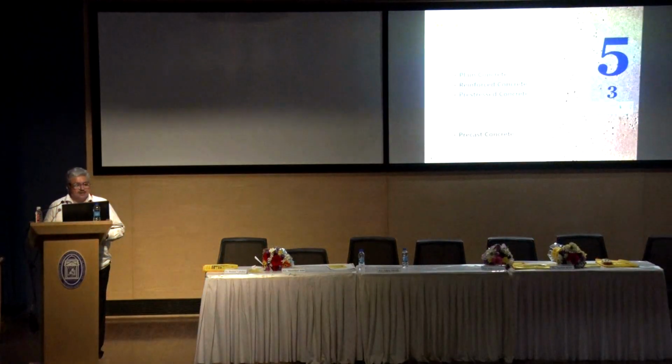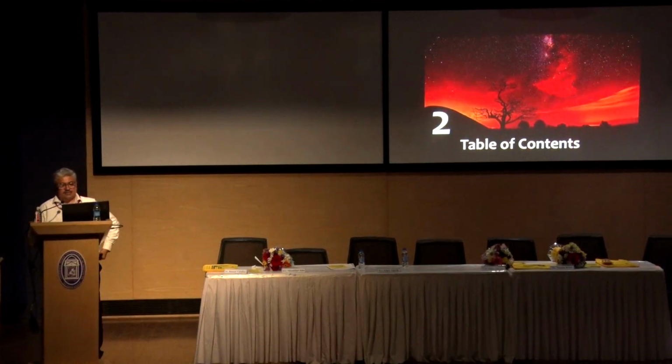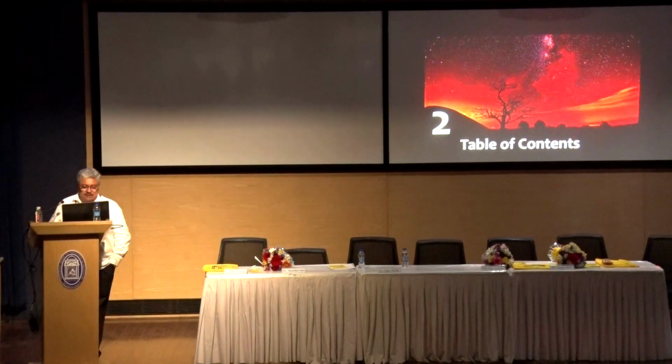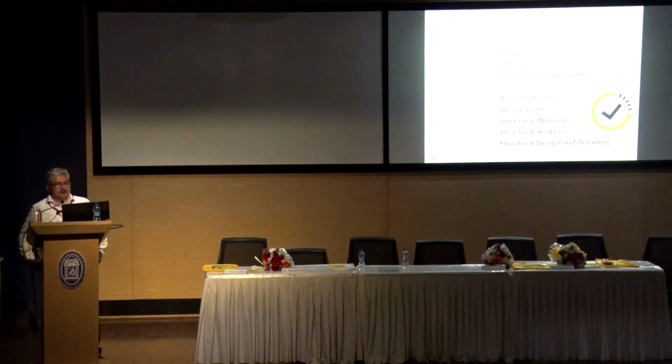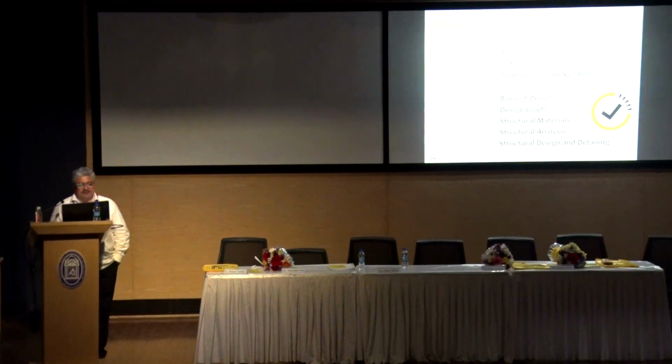Scope of revision, as I said, it's going to be a unified code for plain, reinforced and pre-stressed concrete construction, right? And precast is obviously not going to be part of that. So what are going to be the contents of the new revised IS 456?